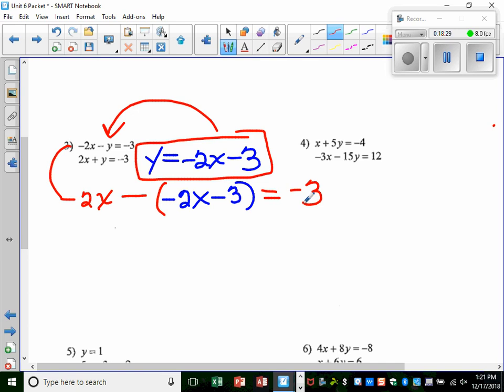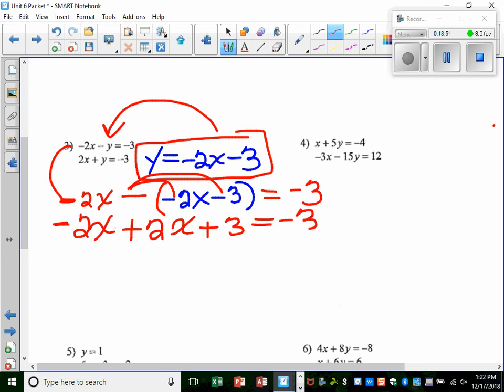Okay, then I'm going to just now solve it. The third step is the longest, where you actually distribute and solve. So I'm going to have 2x. A negative times a negative changes that to a what? Positive 2x. And this should be a negative. And then a negative times a negative will be a positive 3 equals negative 3.